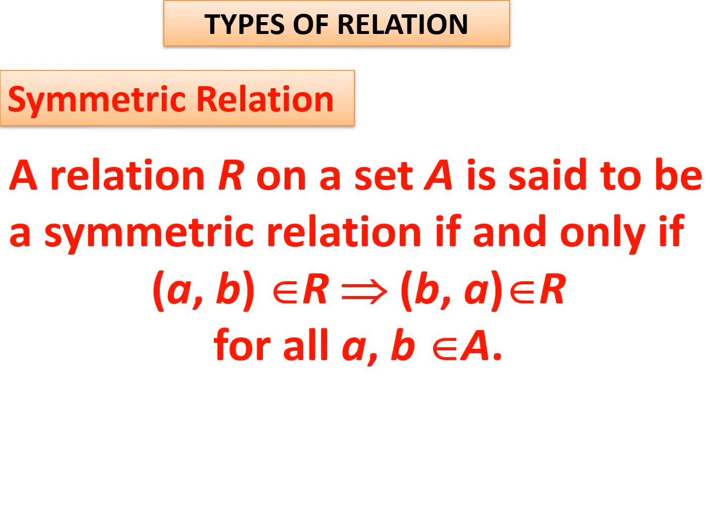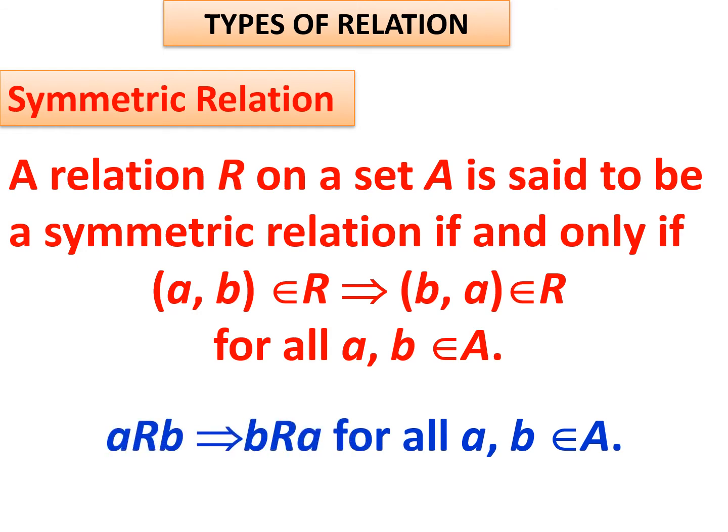A relation is said to be symmetric if A comma B belongs to R, then B comma A also belongs to R. That is, when you replace the position in the ordered pair, the relation is not affected. Therefore, this should hold for all A comma B belonging to capital A. Is it okay? Symmetric means first is related to the second, and also the second is related to the first. If we change the position, the relation is the same. The relation is not affected.